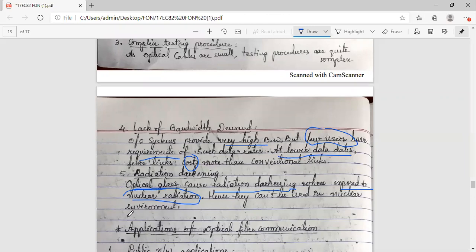Their energy levels increase in such a way that the glass may burst, it will crack. That is called radiation darkening. The glass will crack. So if that is the case, we can't use these optical fibers in nuclear environments where hazardous radiations come out, and because of these radiations, radiation darkening may happen and the fiber may break. So these are some 4-5 disadvantages I have listed.